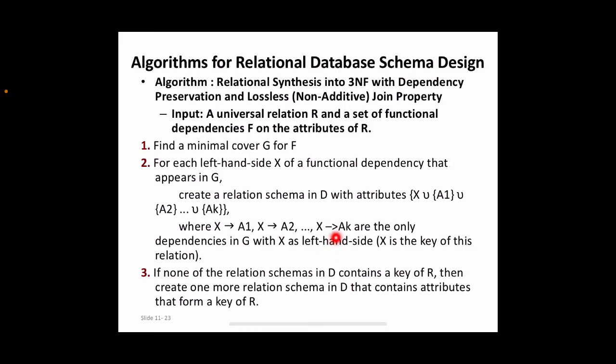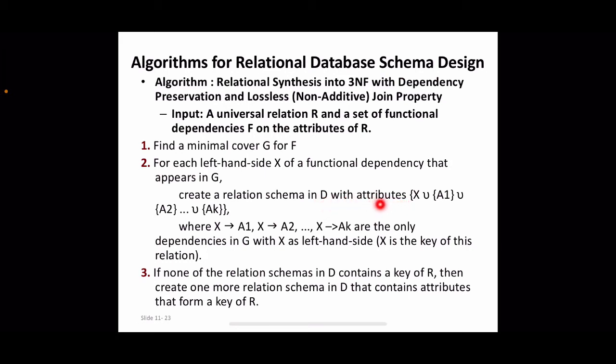So the first step is the same as that of our algorithm for dependency preservation, right? We will find the minimal cover of the functional dependency set, the minimal set of functional dependencies, denoted by G, and we have to take each dependency from this G and perform this. What we are doing is creating a new schema in the decomposition set D. What are the attributes for that relation schema?